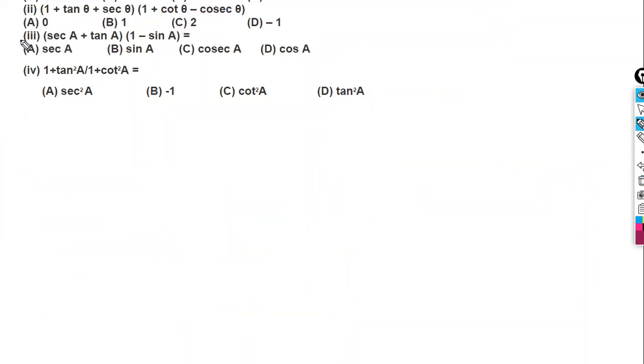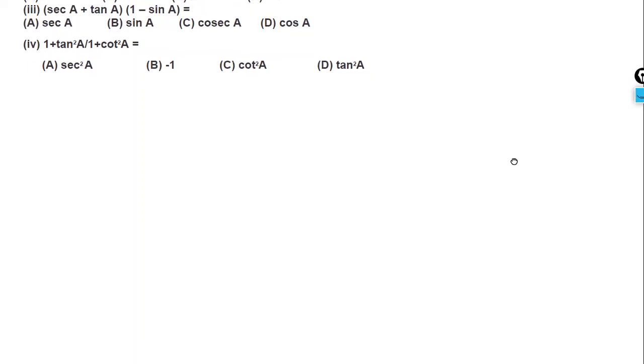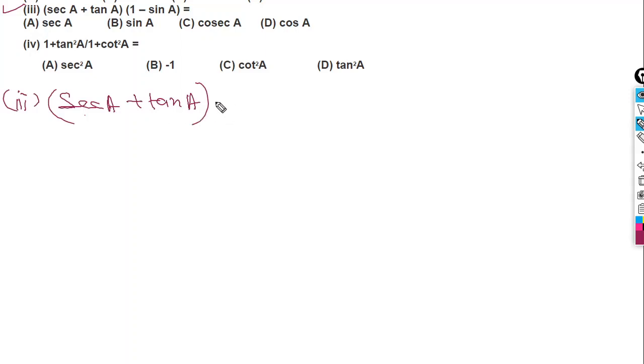Let's read the question triple I. Here it is, sec a plus tan a whole into 1 minus sin a equal to dash. So let's write the question. Sec a plus tan a into 1 minus sin a equal to dash.